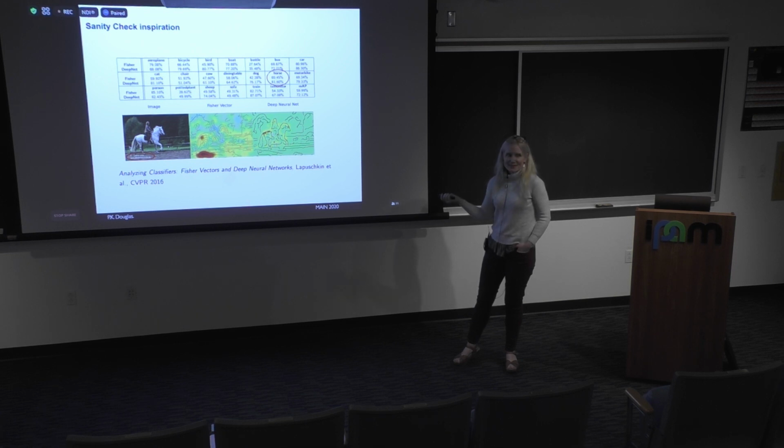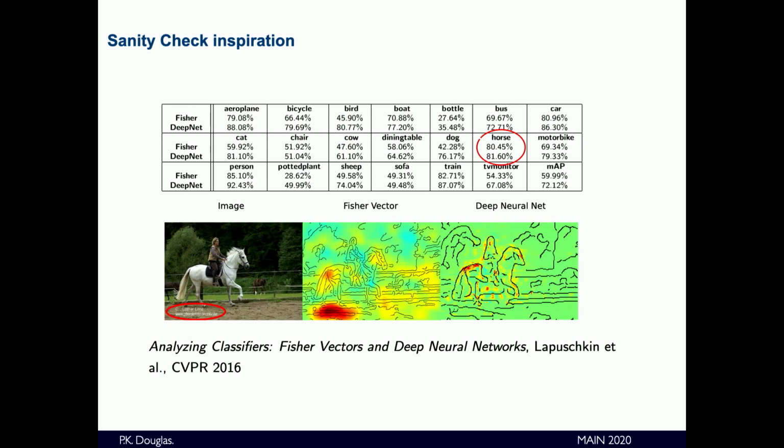So what talk in this workshop would be complete without showing this image? This is probably the most famous image of this whole workshop so far. This paper, in case you missed it somehow, is effectively showing that deep learning neural networks can sometimes learn shortcuts based on spurious correlations in the training data.